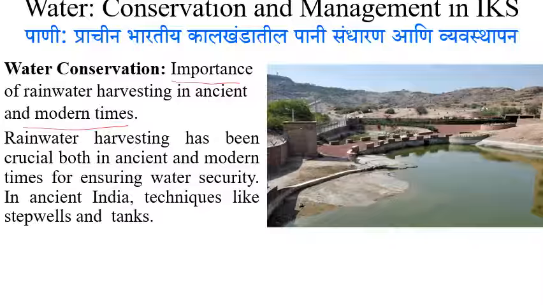At that time rainwater harvesting was also done using step wells and tanks. Here you can see the step well developed during the ancient time where water is being conserved.